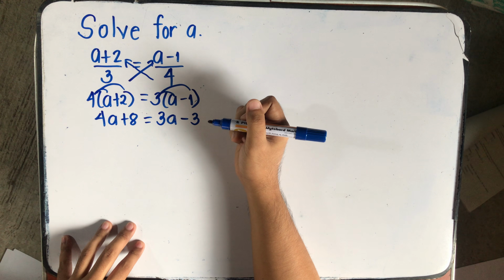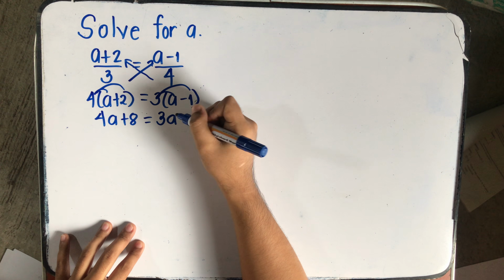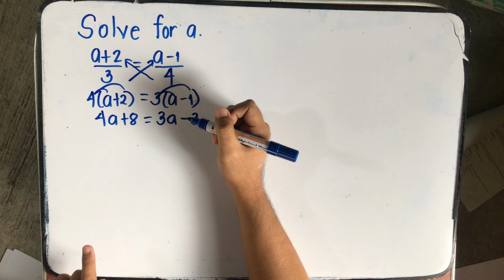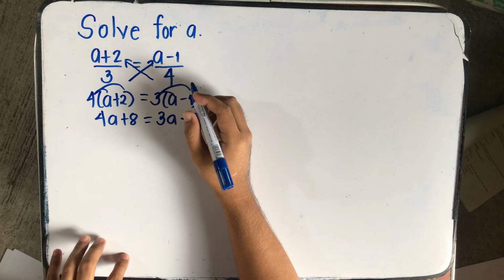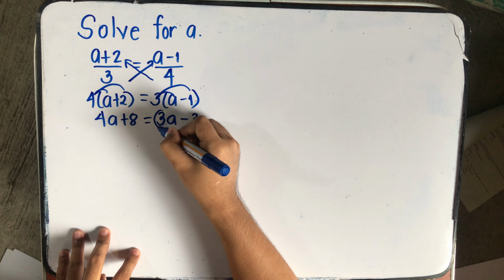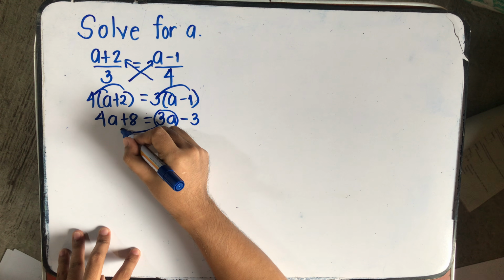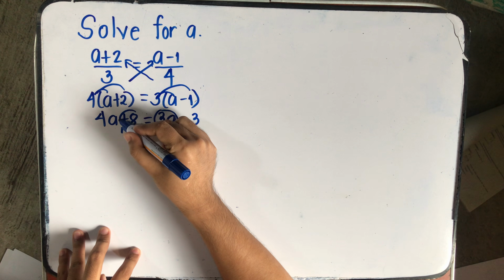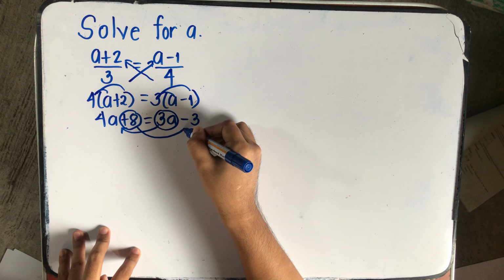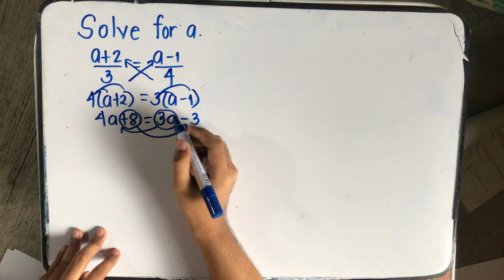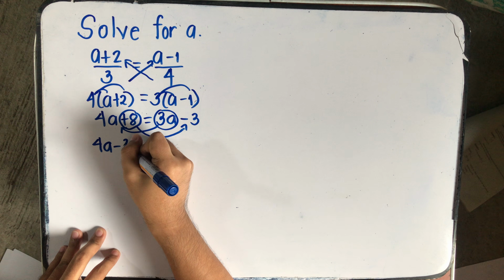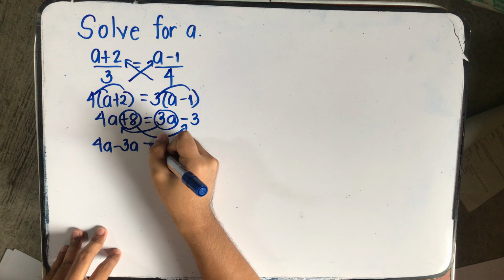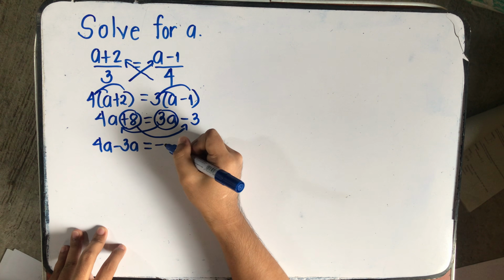So for this one, we should have only the term a on the left side and all the constants on the right side. So I'll be transferring 3a to the left side and positive 8 to the right side. If this is positive 3a, therefore it becomes negative 3a, and the right side is now negative 3.